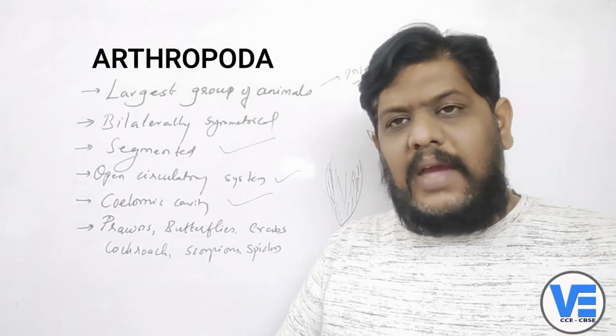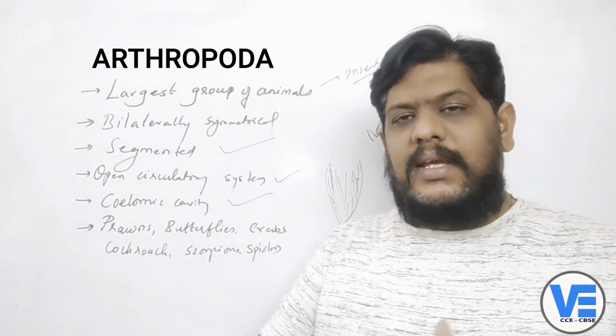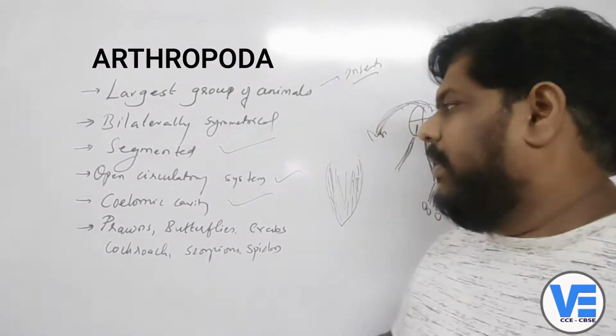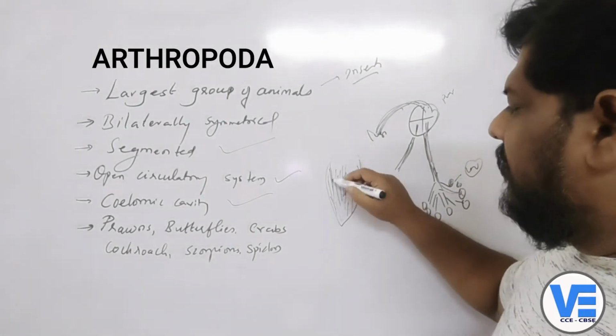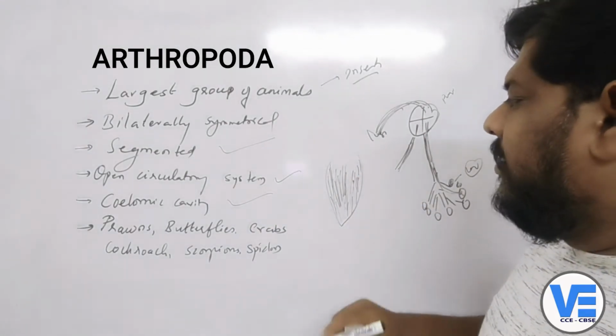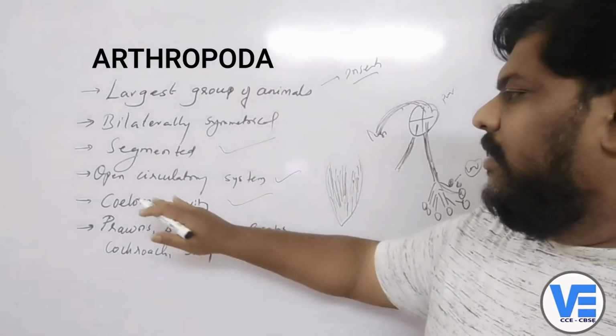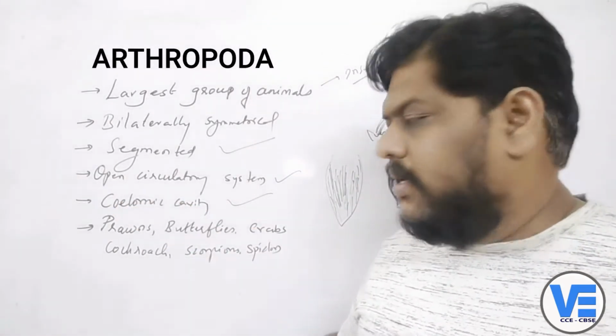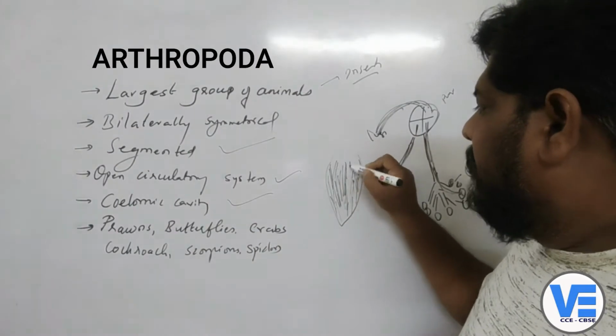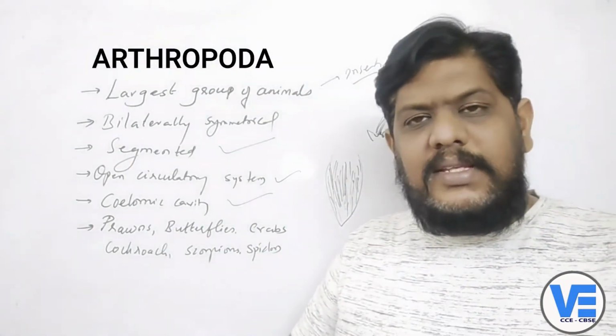The blood in the body is pumped into the coelomic cavity, and again it is taken back to the heart. That's why it is called the open circulatory system, because there are no particular blood vessels which carry it to each and every cell of the body.